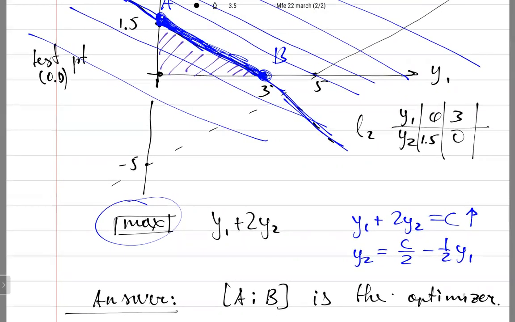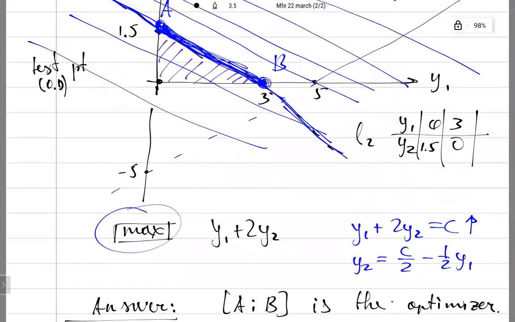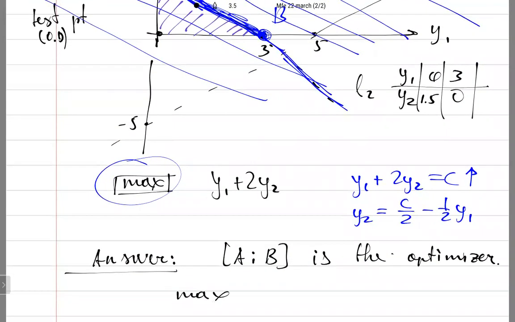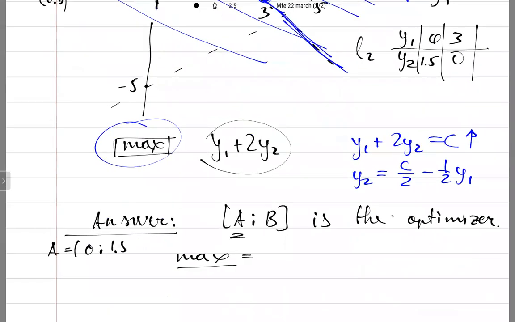So let's find the maximal value. I understand that the maximal value is equal on every point of this segment. So to obtain the maximal value, I need to plug in any point. Let's plug in the point A, for example, or we may plug in the point B. A has coordinates 0, 1.5.